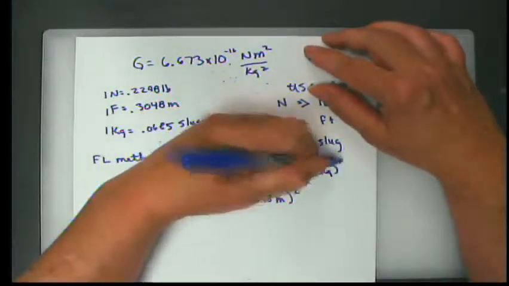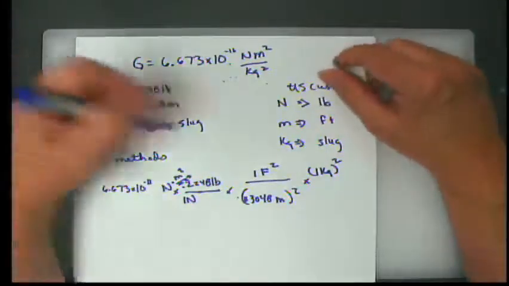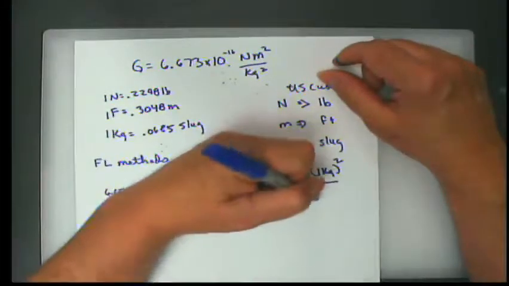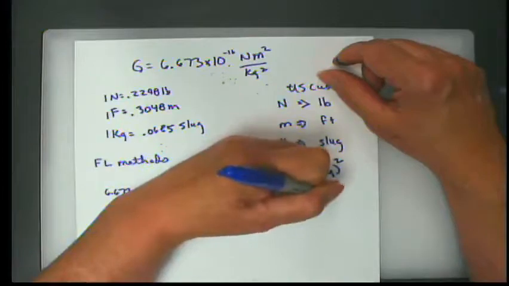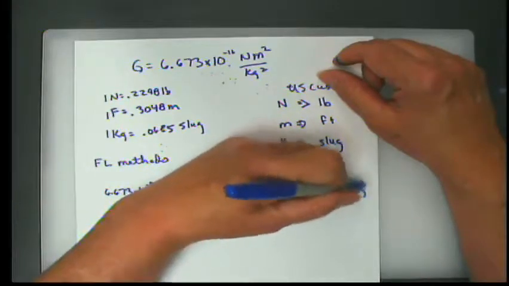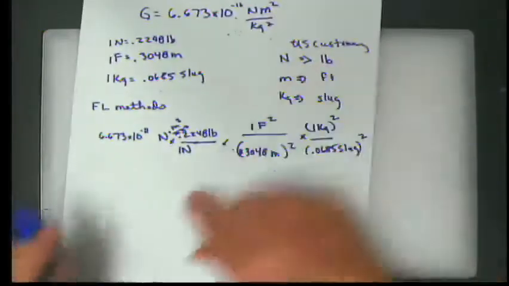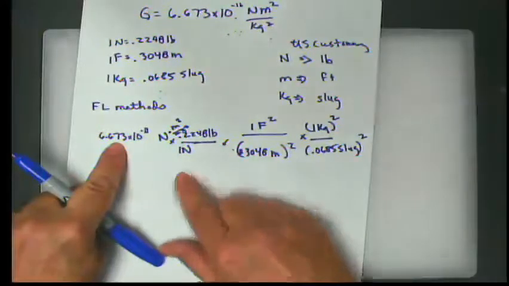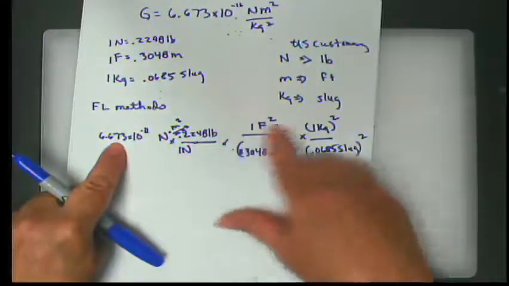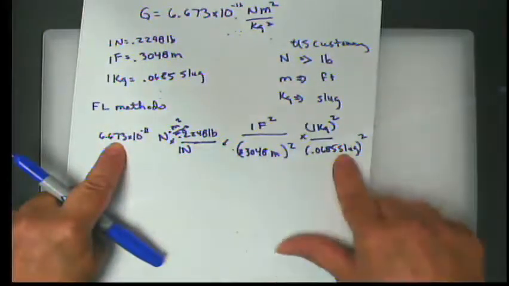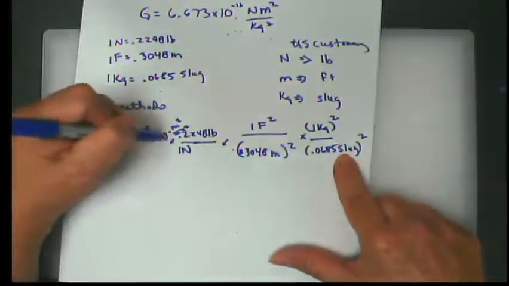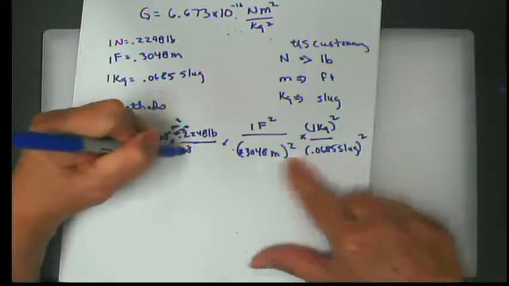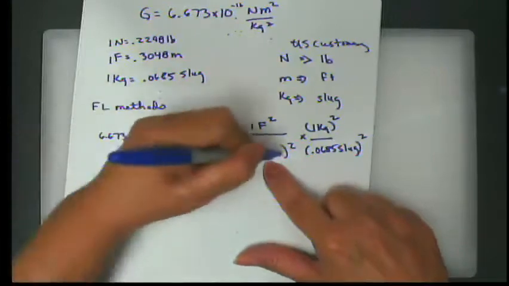I want to square that. 1 squared is 1, so that's good. But in the bottom, I'm going to have the quantity 0.0685 slugs squared. Okay? So if I take this number, multiply it by this, divide by this squared, divide by this squared, what happens to my units? Newtons go away. Meters squared goes away.